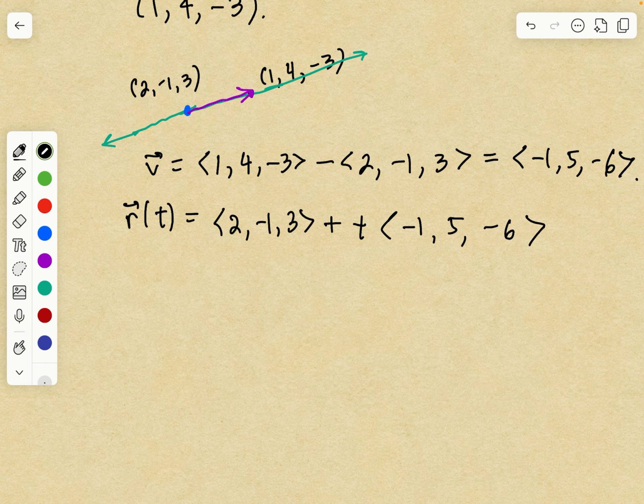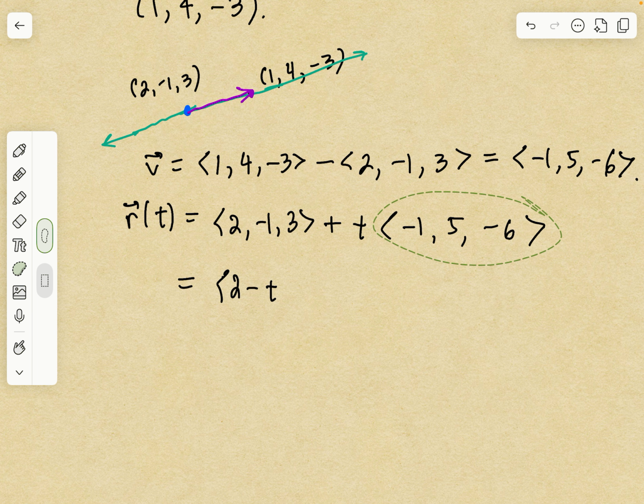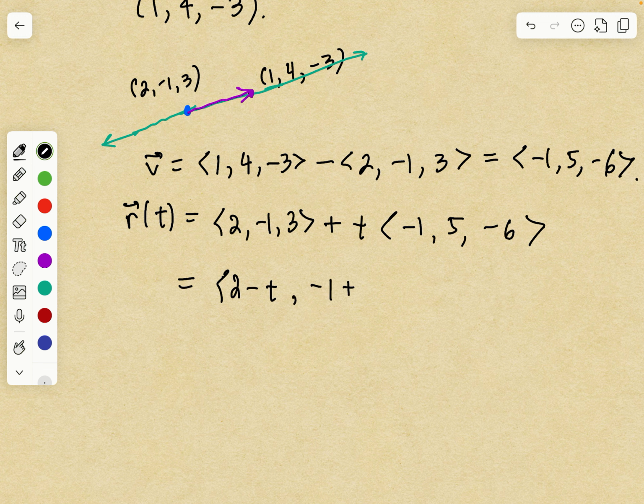Alternatively, this is fine, but you can distribute the t across and then add the vectors. So then this will give you 2 minus t, right? Because when you distribute the t here, you're going to get negative t, 5t, negative 6t. When you add it to 2, negative 1, 3, you're going to get 2 minus t, negative 1 plus 5t, 3 minus 6t.